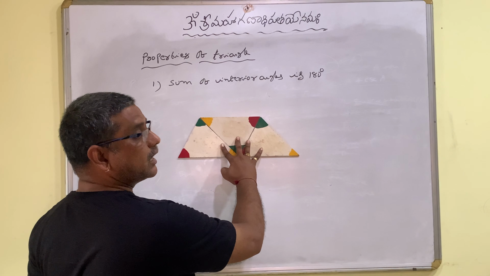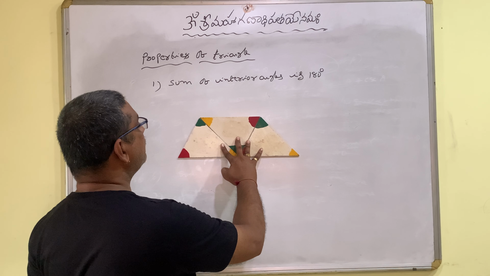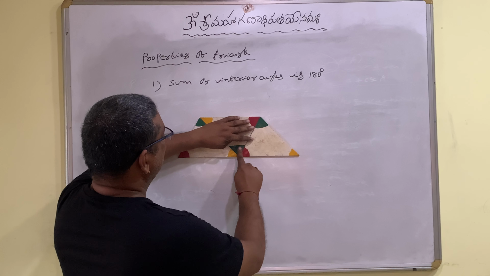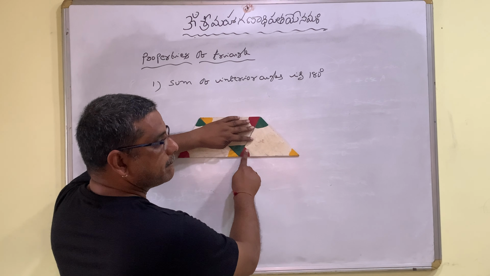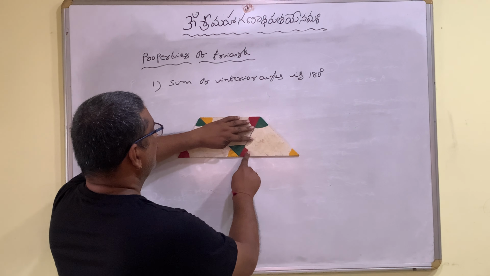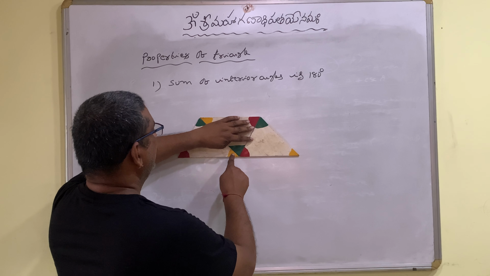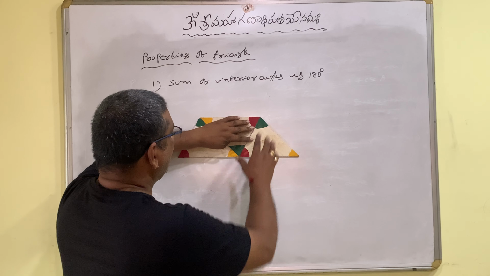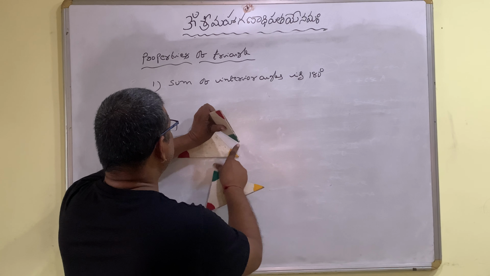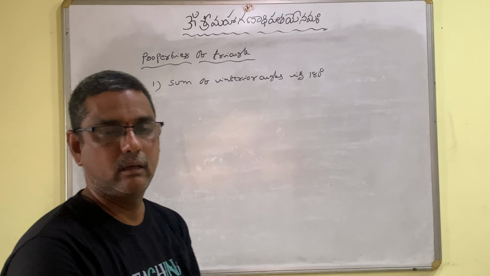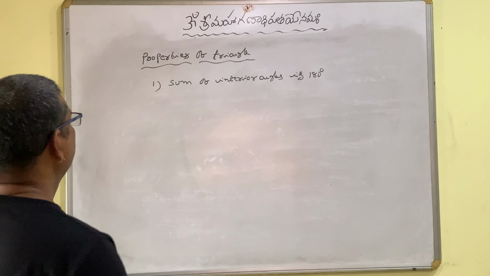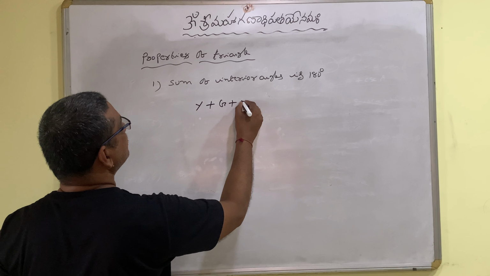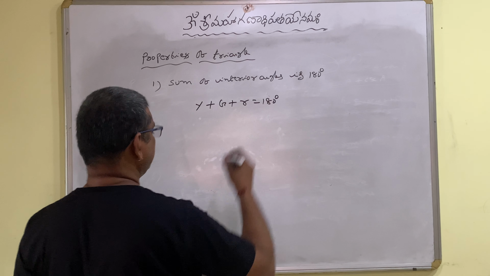Now the second property, I will explain. See here, the sum of these 3 angles is 180. So yellow plus green plus red is 180.